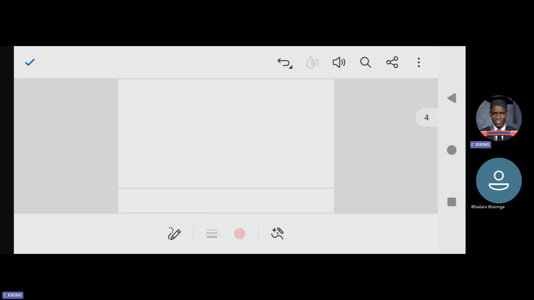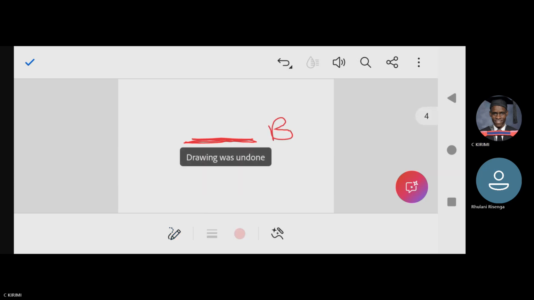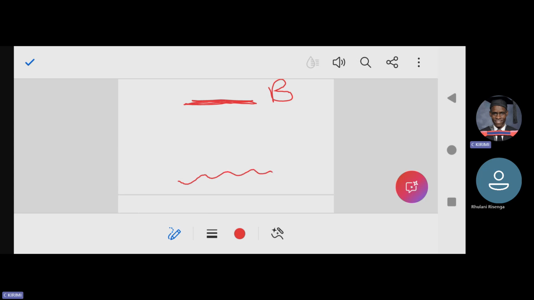Yes, so this is ball B. You are taking upwards as positive. And then this is the ground, and we know this distance is 30 meters.